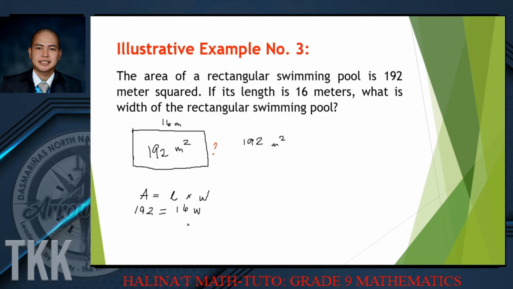So applying multiplication property of equality, multiplying both sides by 1 over 16, we'll have W, or the width, is equal to 192 divided by 16.